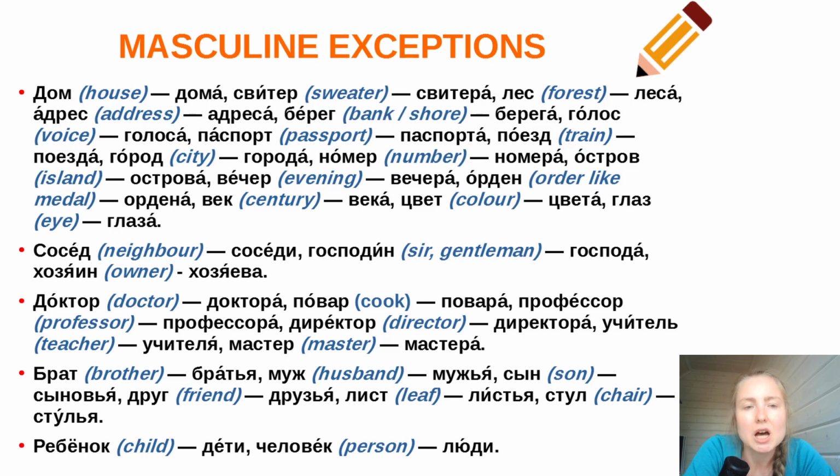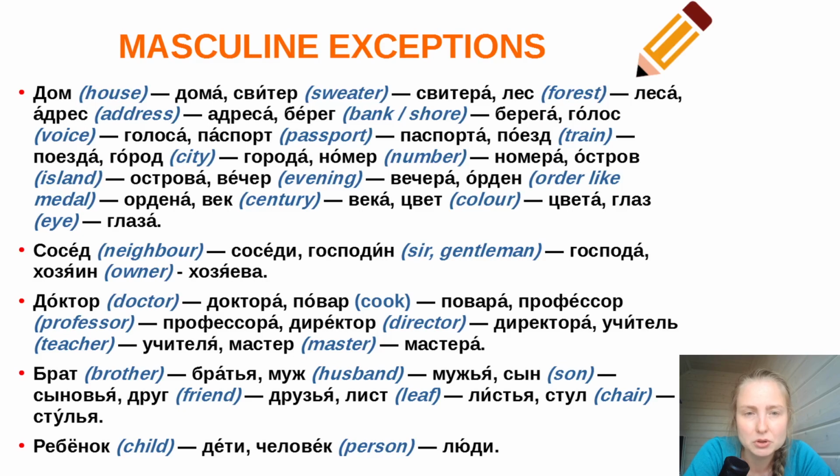So the first group: дом, дома, свитер, свитера, лес, леса, адрес, адреса, берег, берега, голос, голоса, паспорт, паспорта, поезд, поезда, город, города, номер, номера, остров, острова, вечер, вечера, орден, ордена, век, века, цвет, цвета, глаз, глаза.